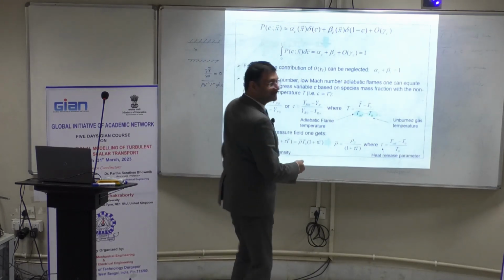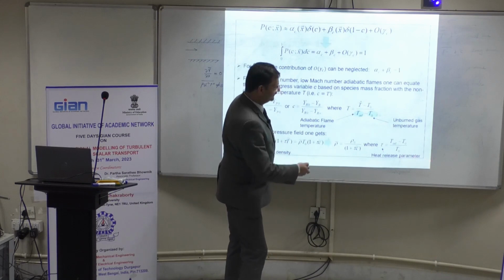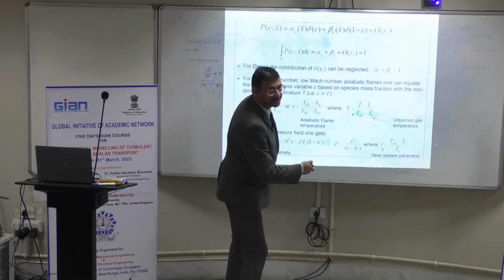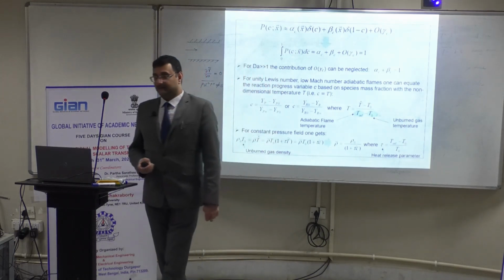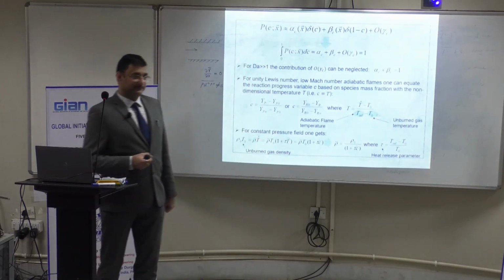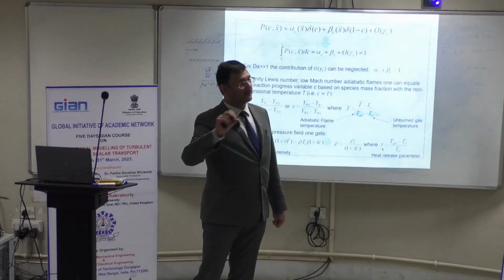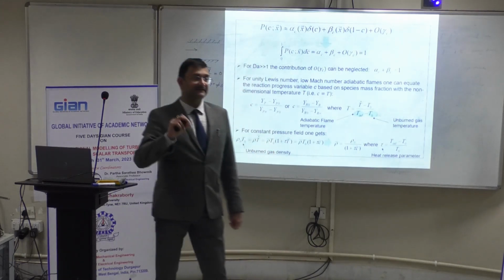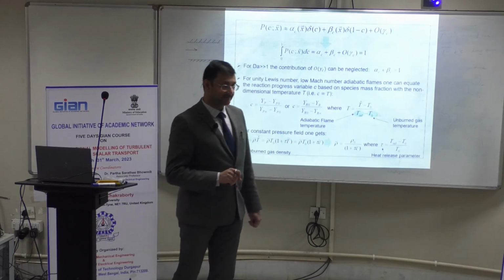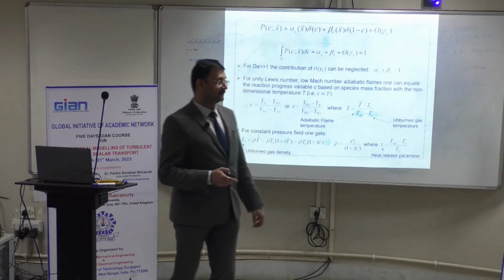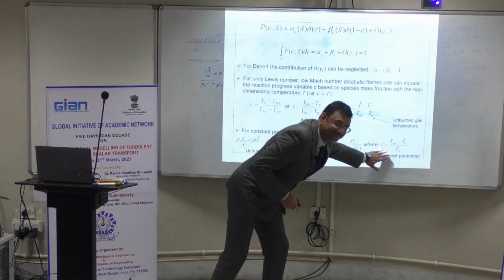As I mentioned, tau in this case is a heat release parameter defined like this. I sent the updated slides to Dr. Barman yesterday. In the updated slides, tau significance is explicitly mentioned.